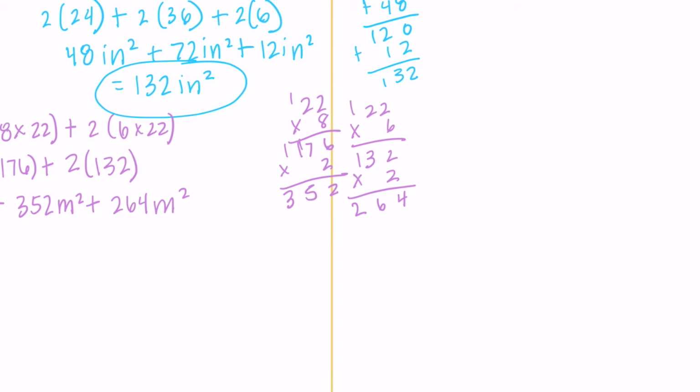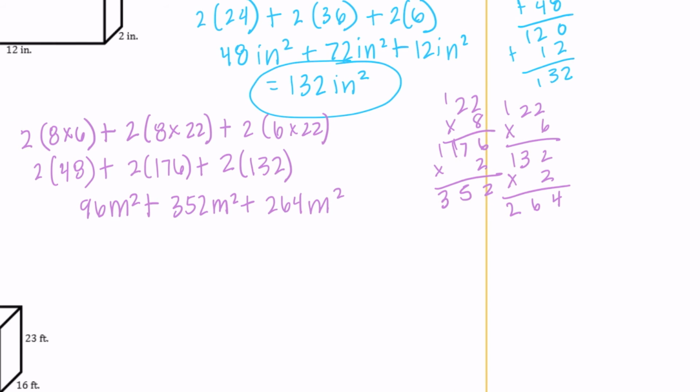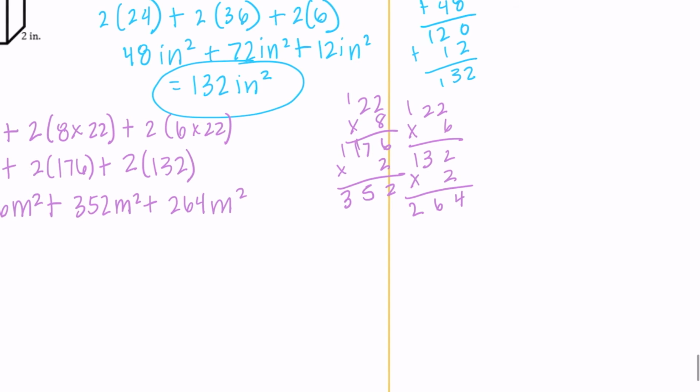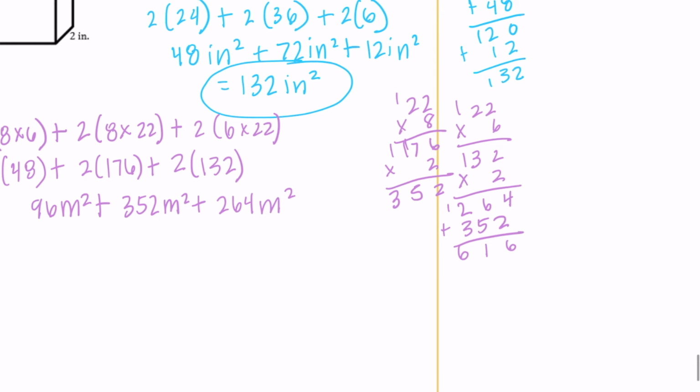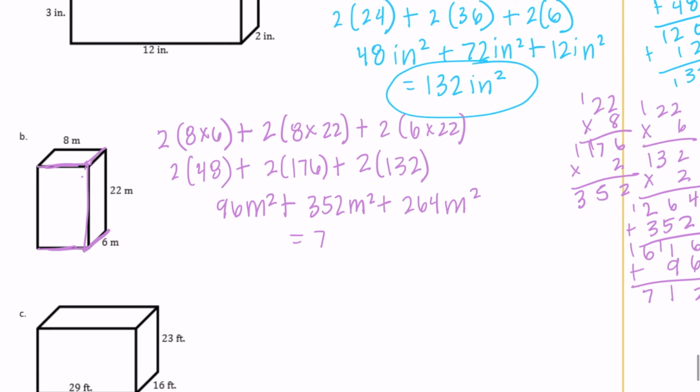So now we just need to add all of those together. Let's do 264 plus 352 plus 96 will be 712 meters squared.